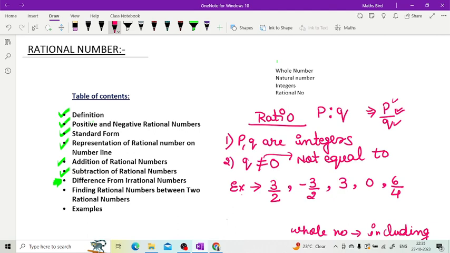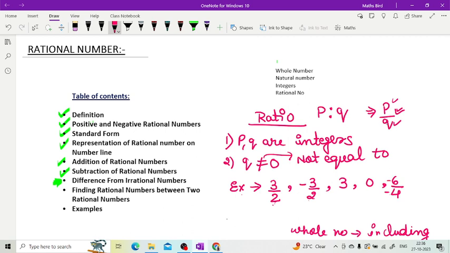So for example, 3/2. Yes, 3/2 is in the form of p by q, where 3 and 2 are integers and 2 is not equal to 0. Here -3/2, -3 is also an integer. So this is a rational number. Suppose I write -6 and -4. Definitely this is a rational number. Why? Because -6 and -4 both are integers.